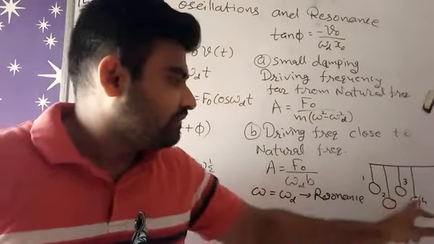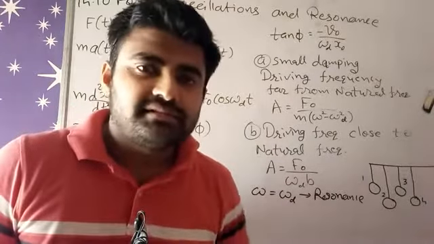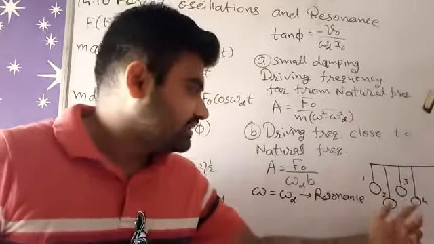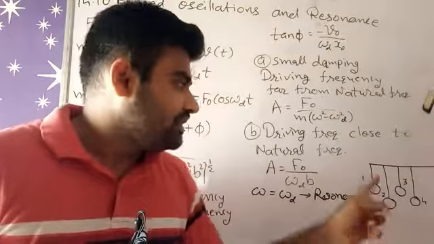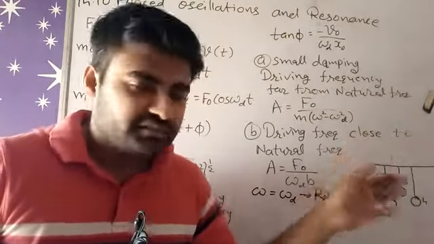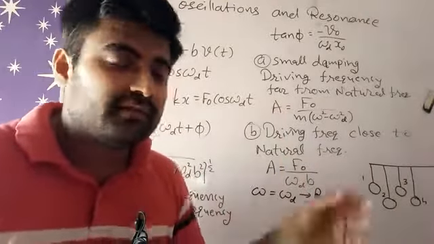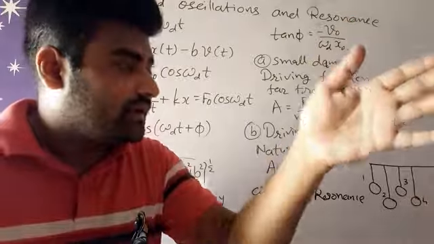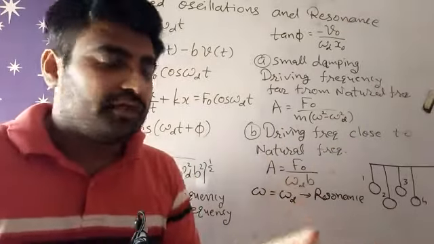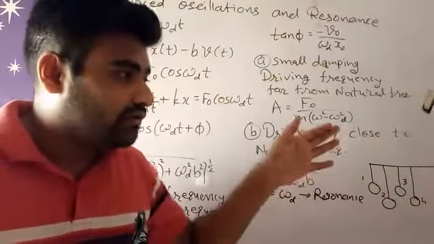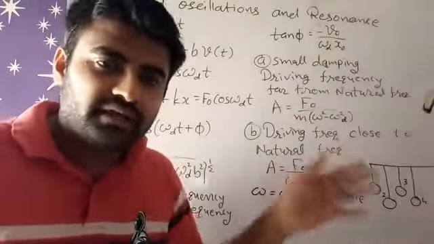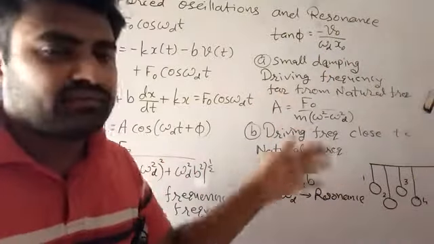The second and fourth oscillations vanish. Only 1 and 3 continue, and they oscillate with the same frequency and the same amplitude. Their timings are also the same. Both are going in this direction, both are going in that direction.